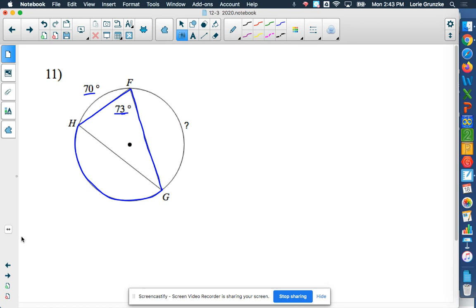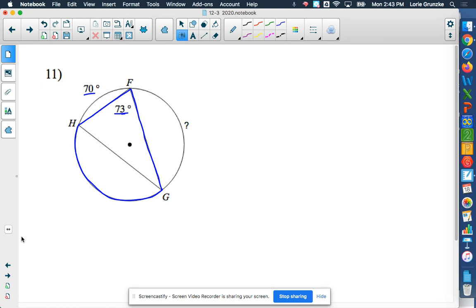I would take 73 and double it. I'm still not done. And you think, well, I still have to find this one. There's a lot of ways to do it. Some people would take the 70 and divide it in two and get that angle, and then in a triangle, add them together, subtract from 180, and you'd get this, and then you'd double it.